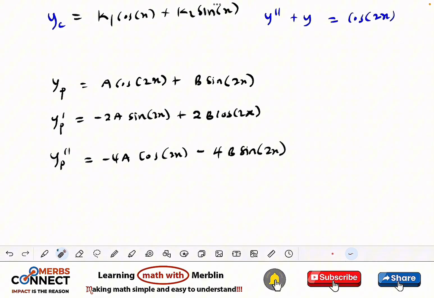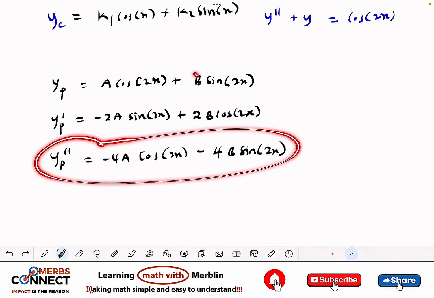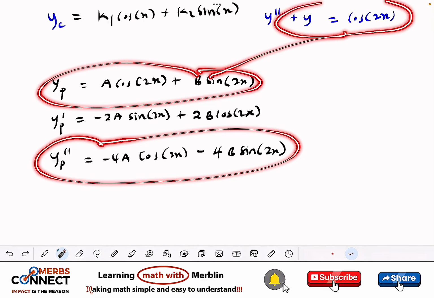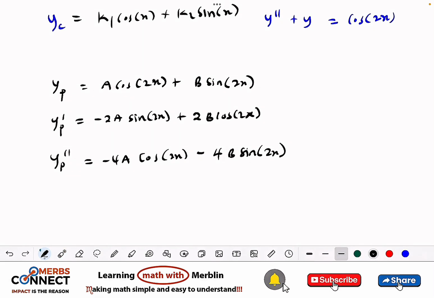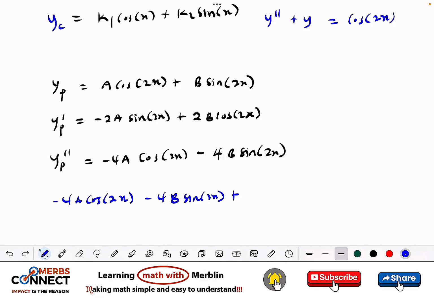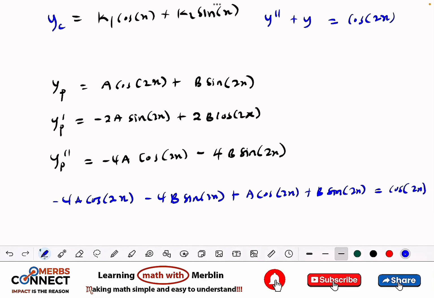So now that we are done with the differentiation, plug in this and this inside this equation. So let's do that. We are going to have minus 4a cos 2x minus 4b sine 2x plus a cos 2x plus b sine 2x, which is equal to cos 2x. Good.